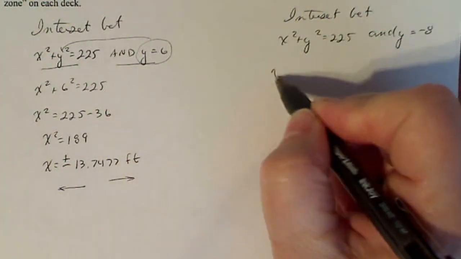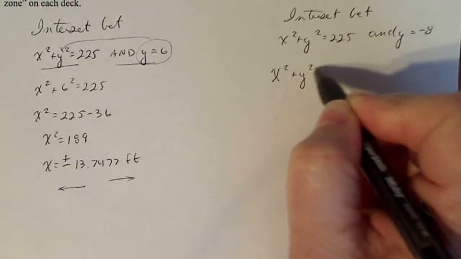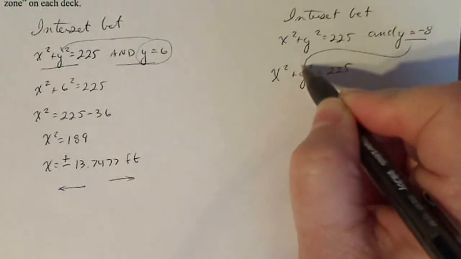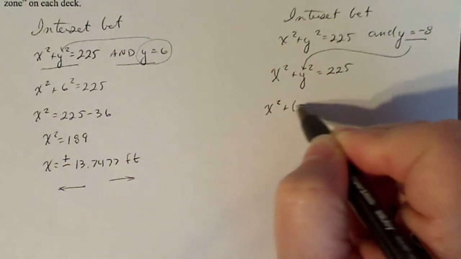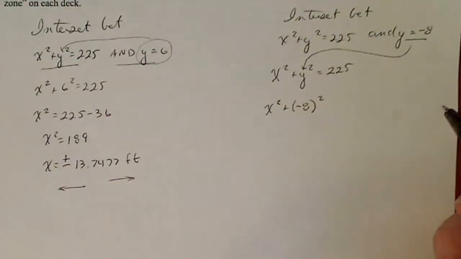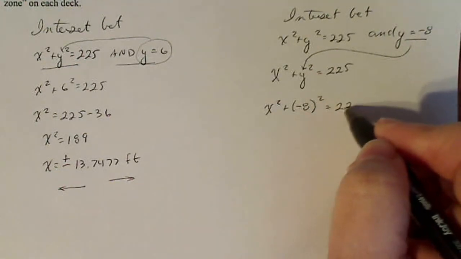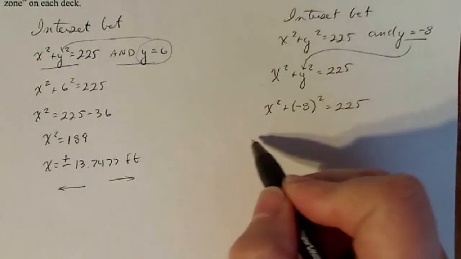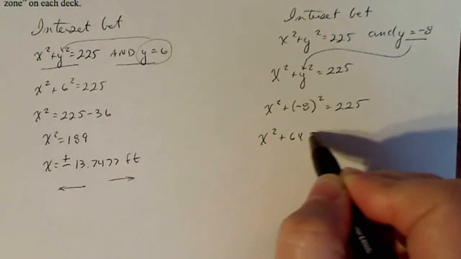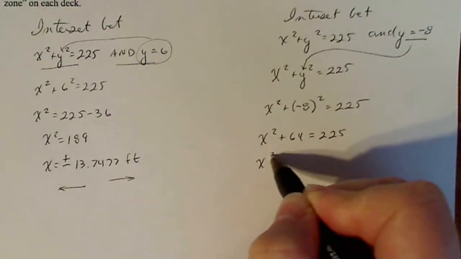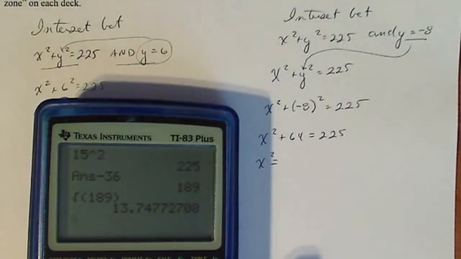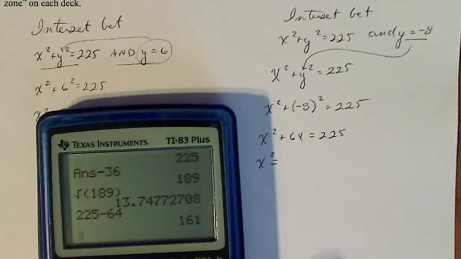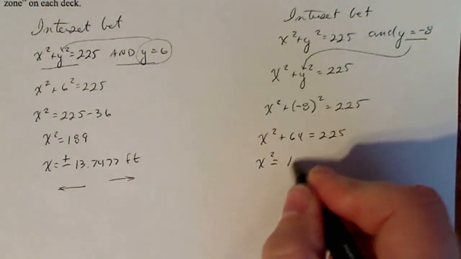Now this one here, x squared plus y squared equals 225. I'm going to stick this y equals -8 in for y here. So x squared plus (-8) squared. Don't forget the negative has to be considered in the square, otherwise you're going to get negative numbers that you don't want, and it's not mathematically correct. So x squared plus 64 equals 225. x squared is equal to 225 minus 64, which is 161.